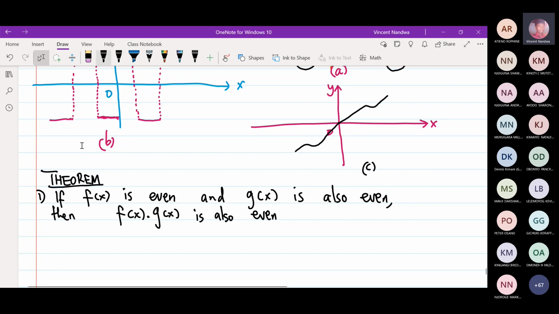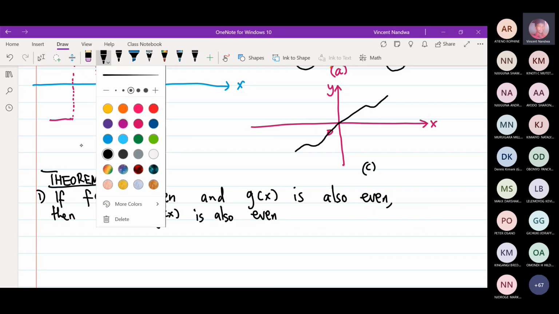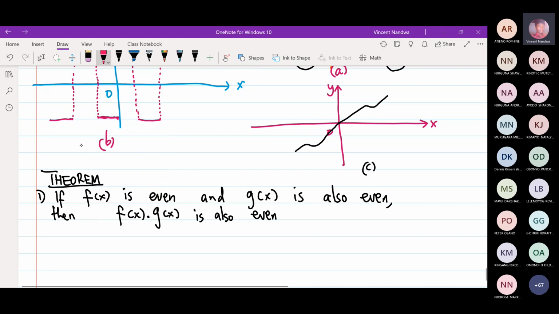So this result is claiming that the product of two even functions is also an even function. So an even function times an even function also produces an even function.